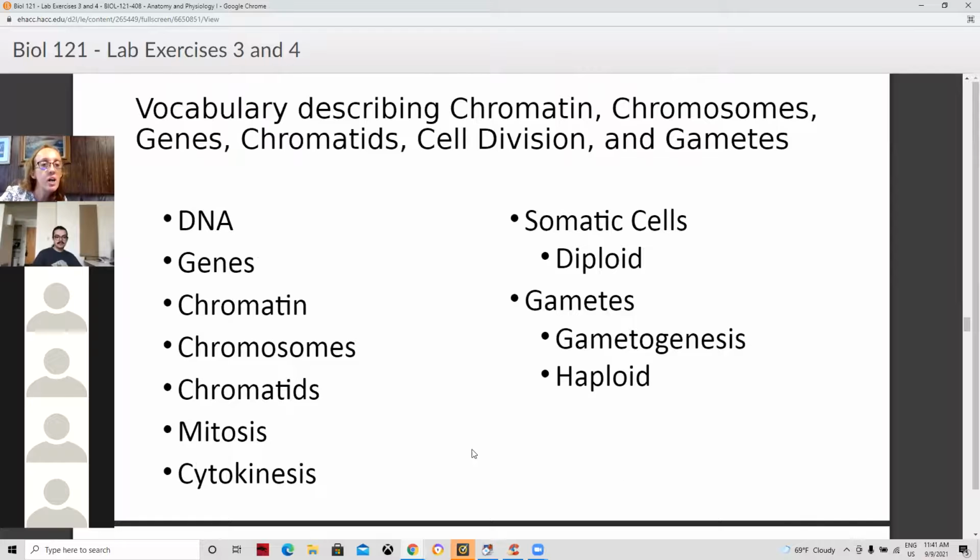DNA, deoxyribonucleic acid. What makes up our genes? Our genes are organized into long strands of chromatin. Chromatin, especially during cell division, condenses into chromosomes.